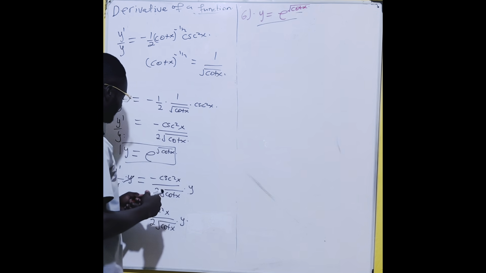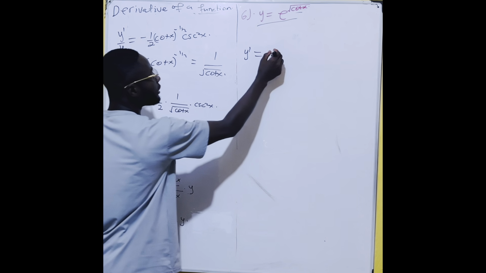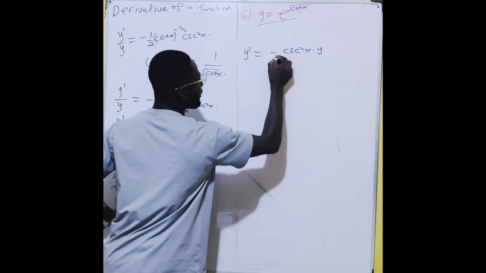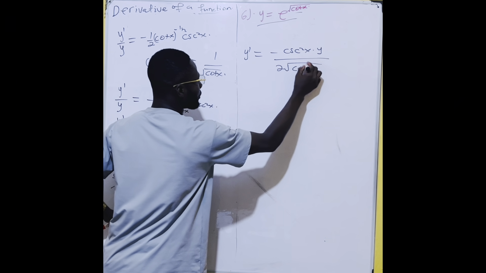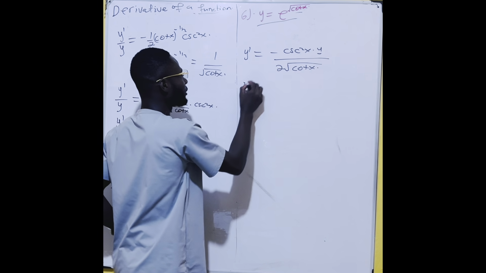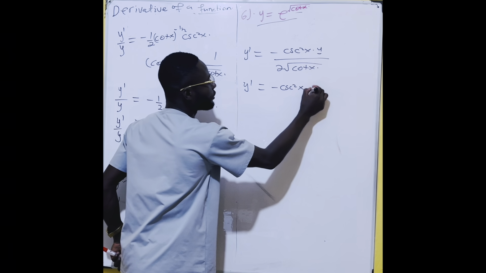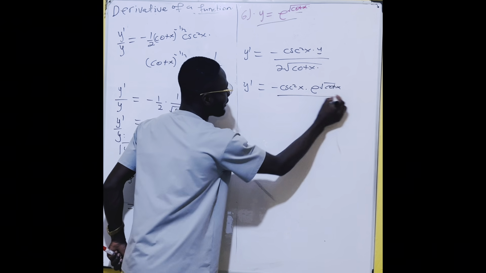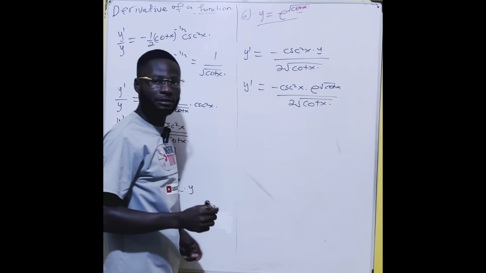So we are going to have y prime equals negative cosec squared x y divided by 2 square root of cot x, right? So we substitute our y, which is equal to e to the power square root of cot x divided by 2 square root of cot x, right?